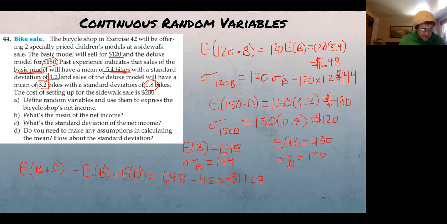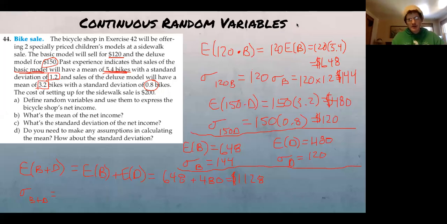All right, and now we can get the standard deviation of B plus D. What do we do to get our standard deviation? Well, let's run through this. Hopefully with this example, we can understand a little better. This is just that Pythagorean theorem of statistics.